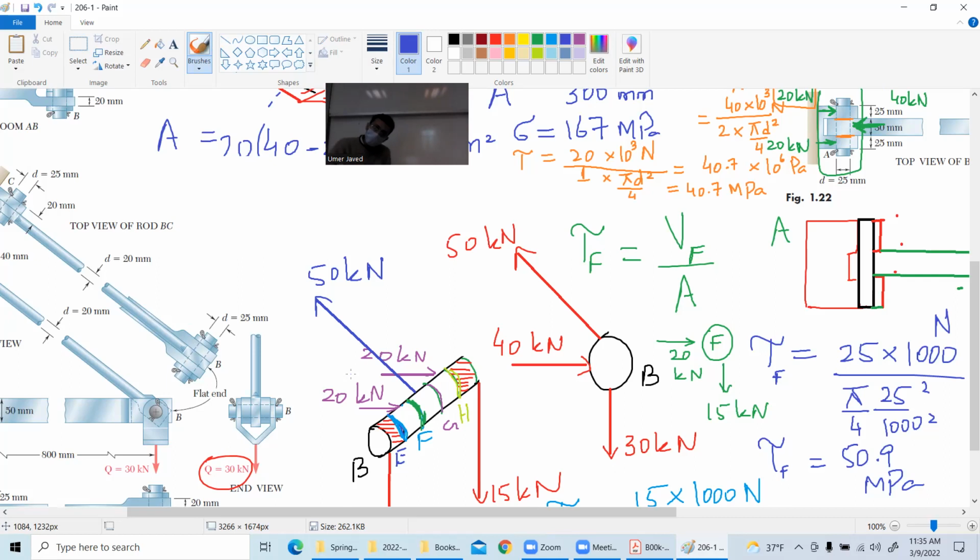It's the same thing. What about tau H? Why are tau E and tau H the same? You flip the problem, start going from there, and the slice is the same thing.